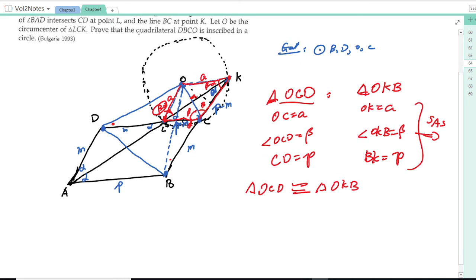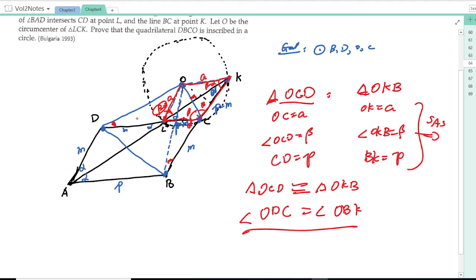If they are congruent, that means this angle equals this angle. That's angle ODC equals angle OBK, right?